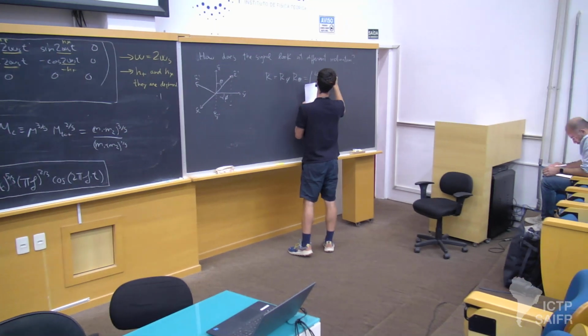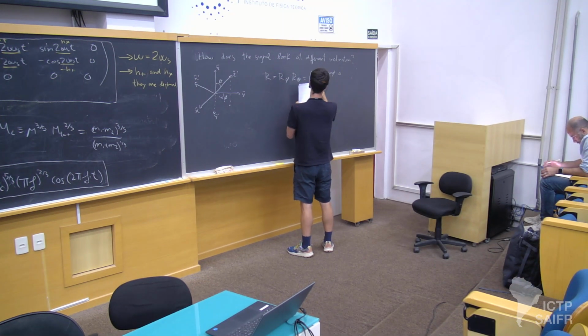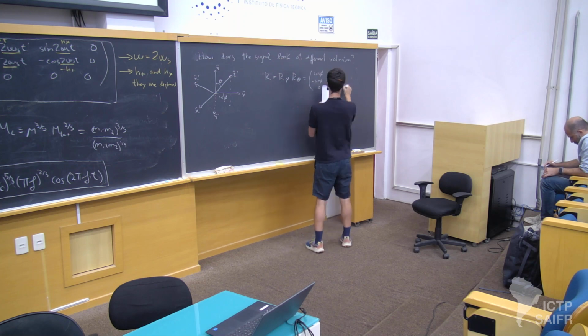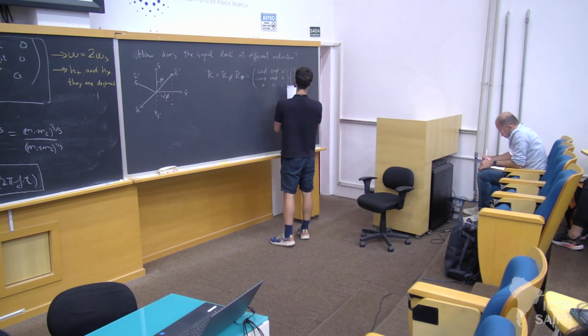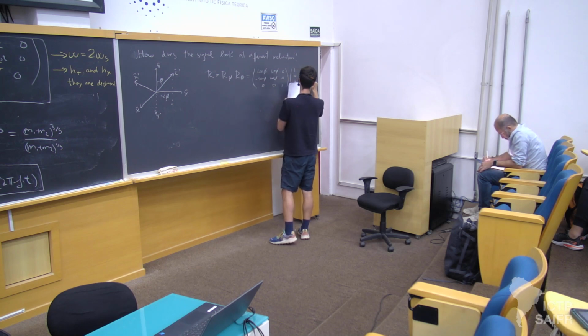You just have cosine phi, minus sine phi, 0, and so on, with 0, 0, 1 in the last row. And then the other one we do in the Z direction: 1, 0, 0, then 0, cosine theta, sine theta, then 0, minus sine theta, cosine theta.